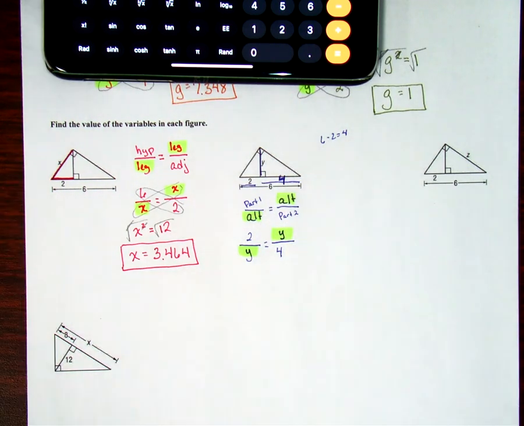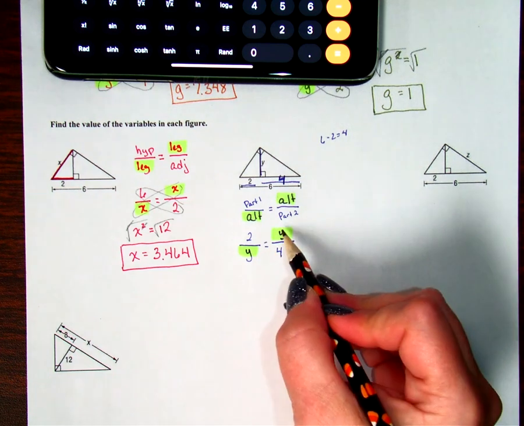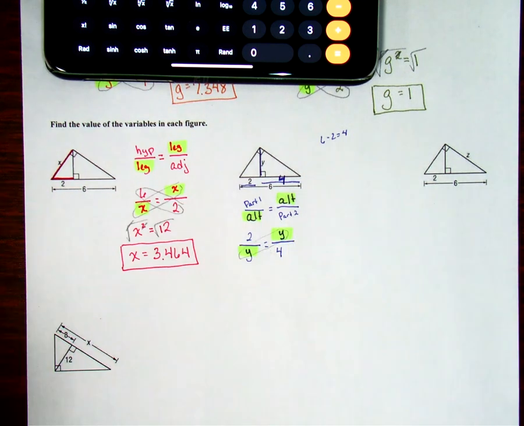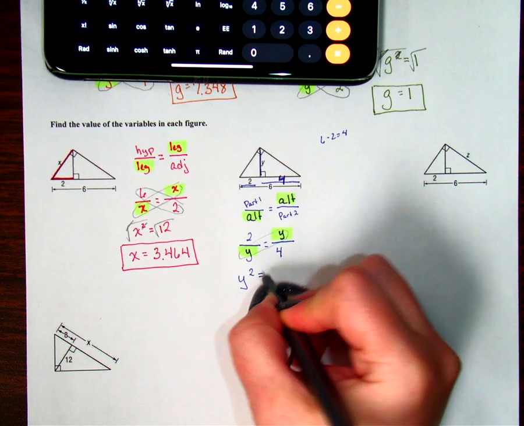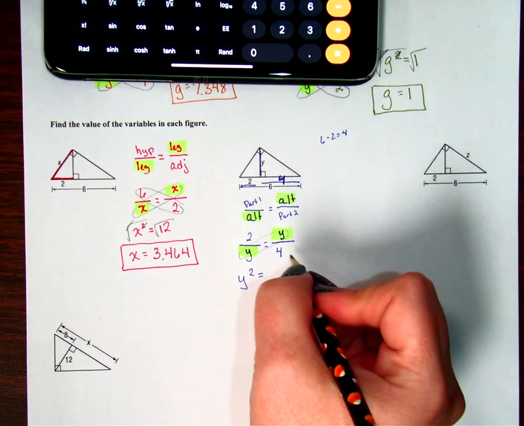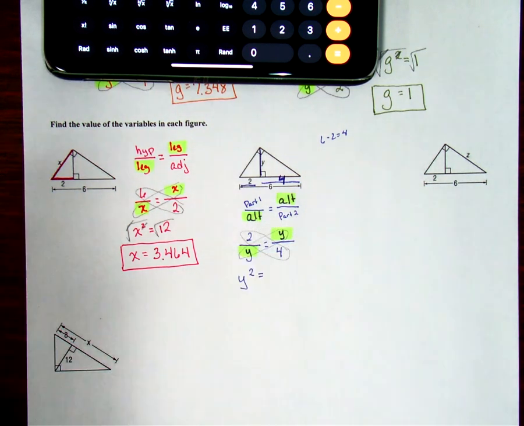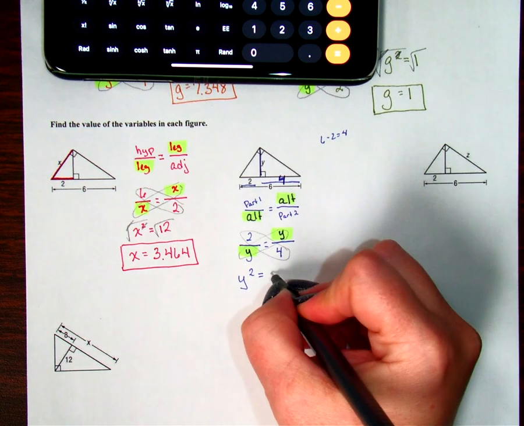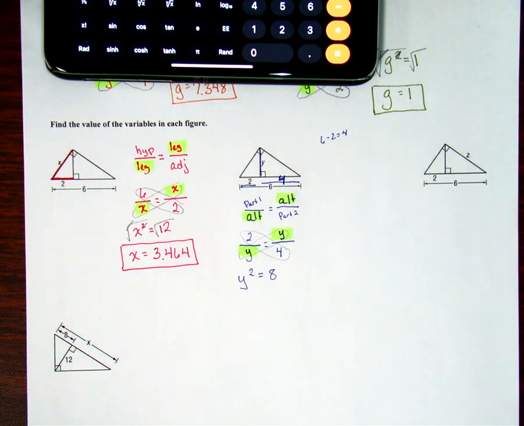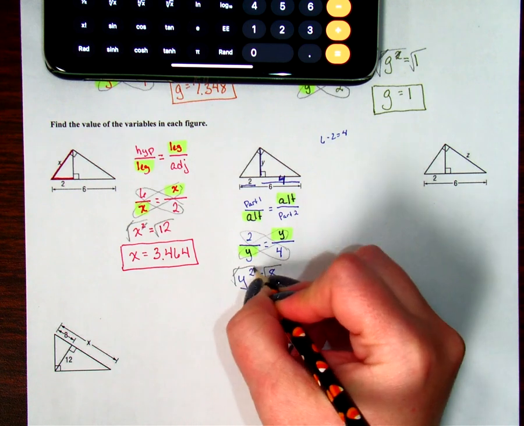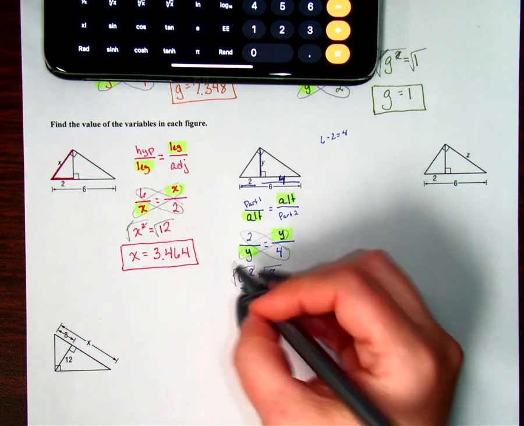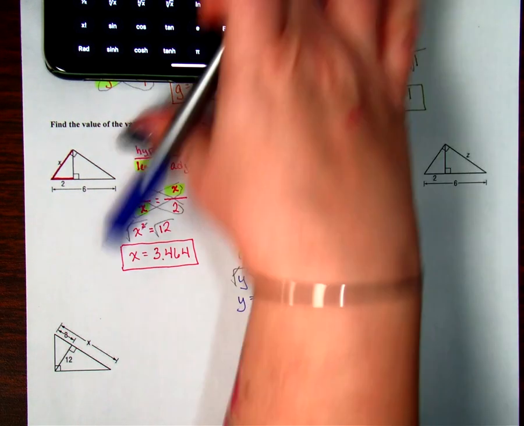And this I can cross multiply to solve. Y times y is y squared equals 2 times 4, which is 8. And then to get rid of the square, we're going to square root. And y equals the square root of 8.